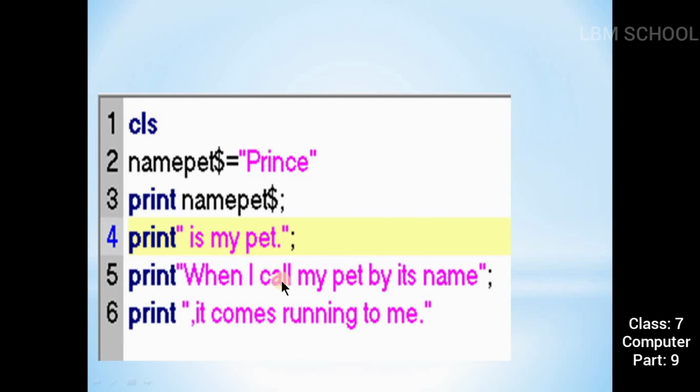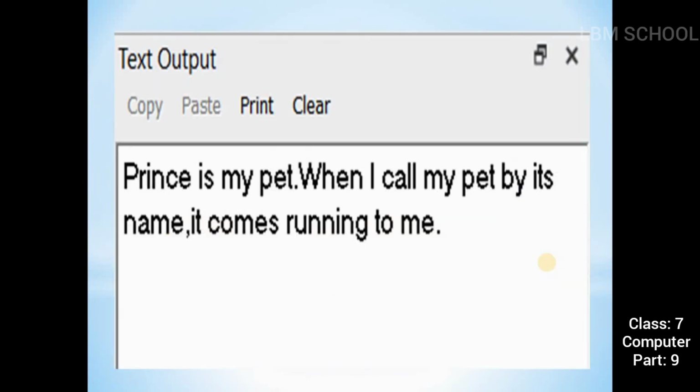Okay, look at this program carefully. You may write it down. What will be the output? Prince is my pet. When I call my pet by its name, it comes running to me.